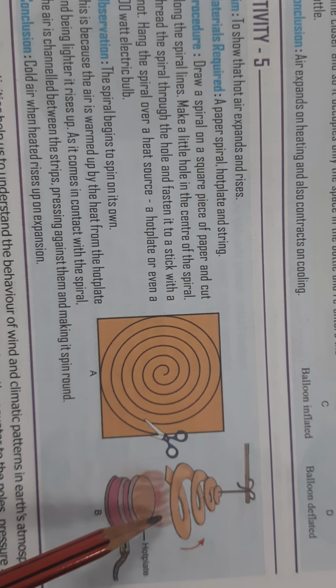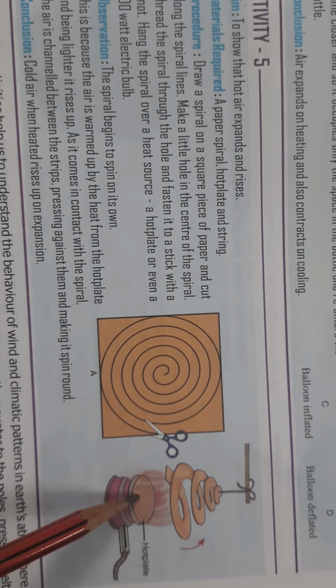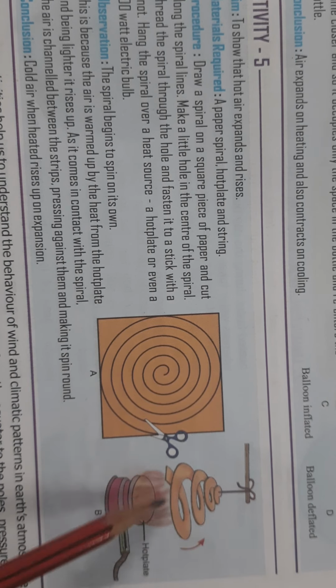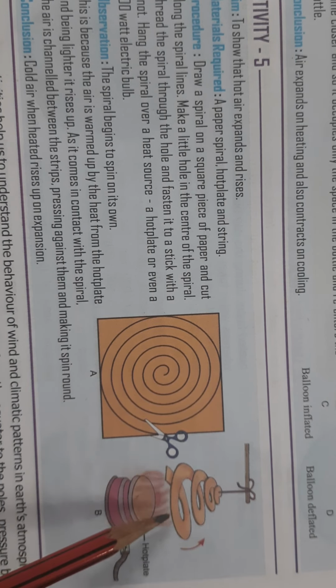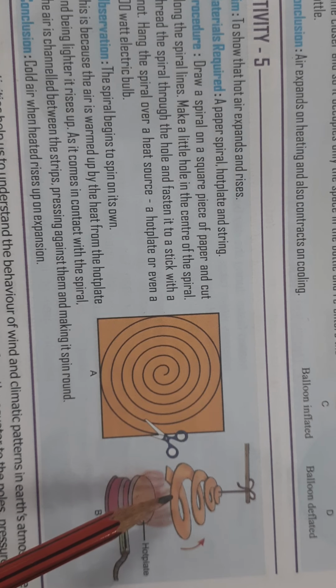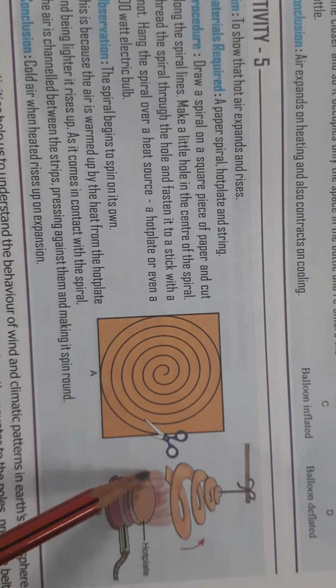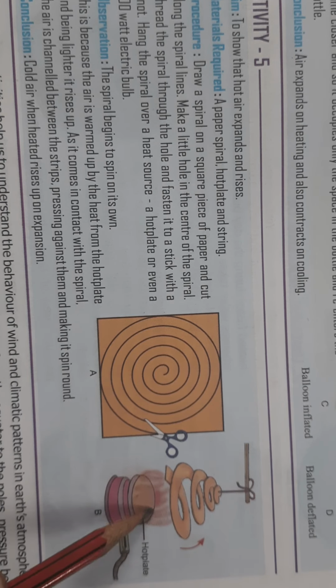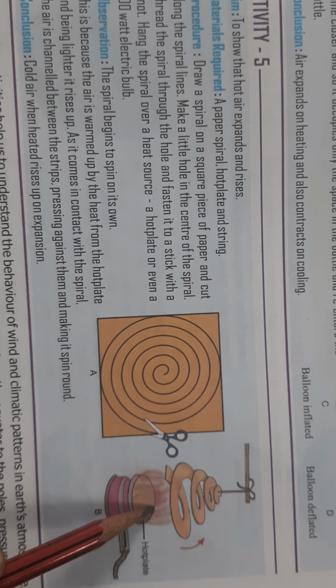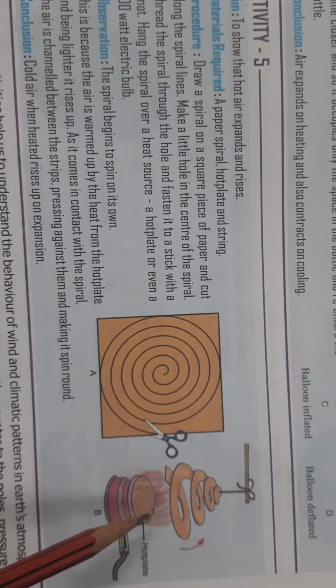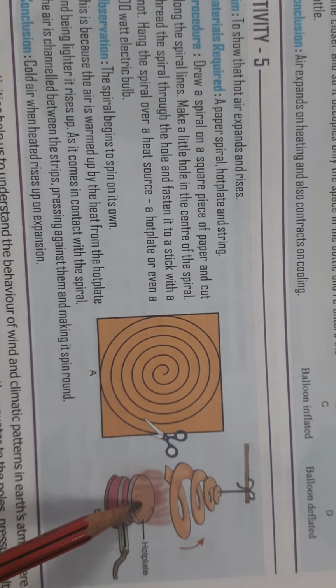Now when you keep a candle or any hot source under it, the spiral begins to spin on its own. Okay? It will start spinning. Now why is it so? The simple reason is that air is warmed up. The air which was present here is getting heated up because of the heat source, and then it becomes lighter in weight.